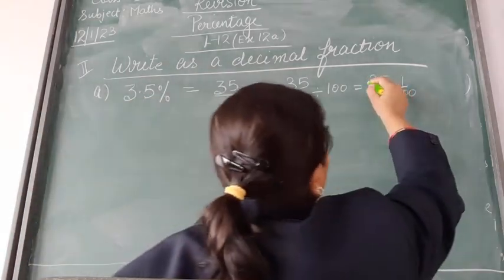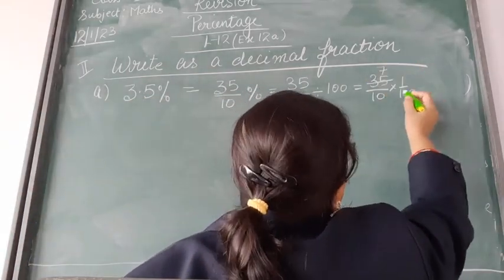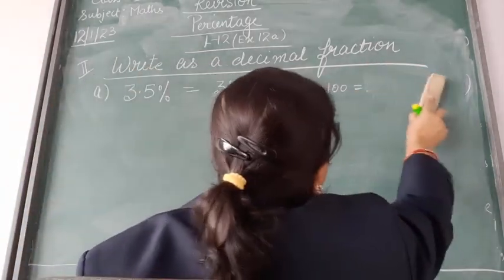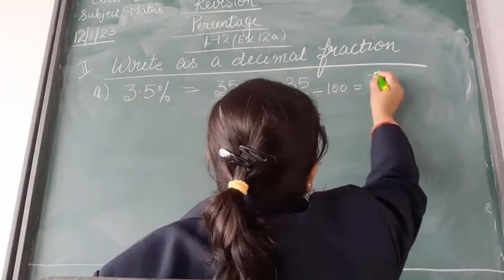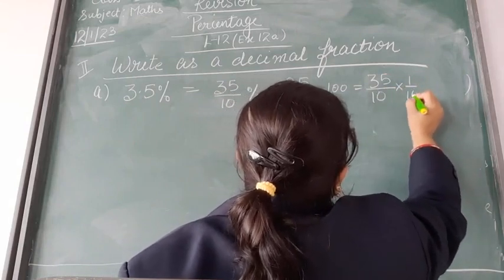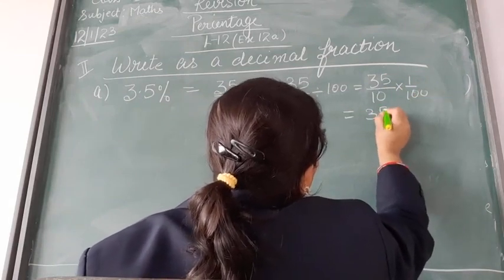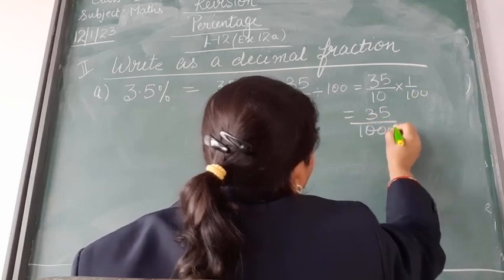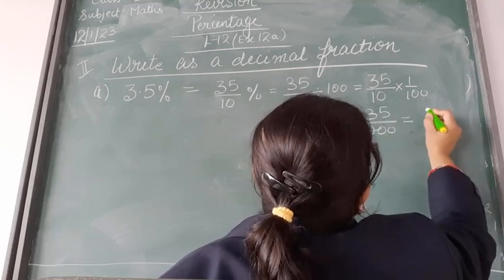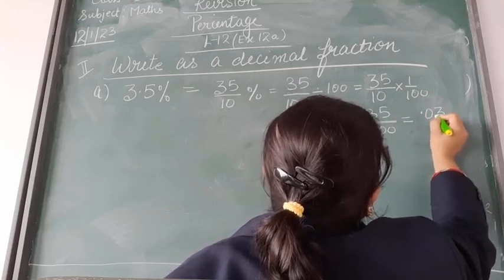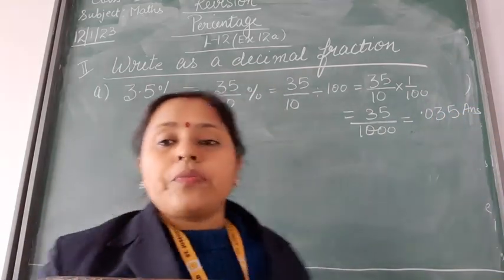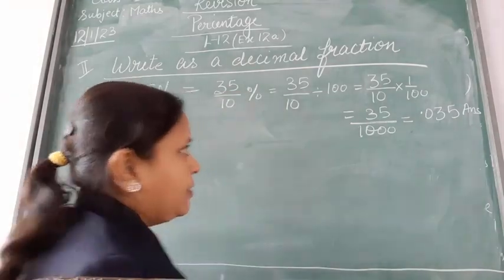We don't need to reduce this, because we have to write it in the form of decimal fraction. So 10 multiplied by 100 gives 35 upon 1000, and you can change this into decimal fraction as 0.035, and this is our answer. So this way we have written 3.5% as decimal fraction.